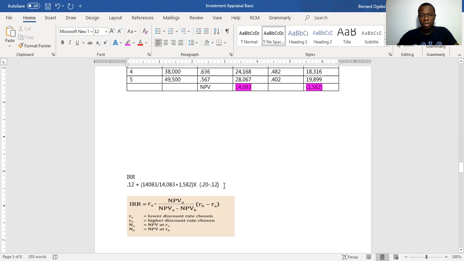If you have a scientific calculator, you just type all of that into the calculator, and I'm going to get the answer: 0.12 plus 14,083 over 14,083 plus 1,582.